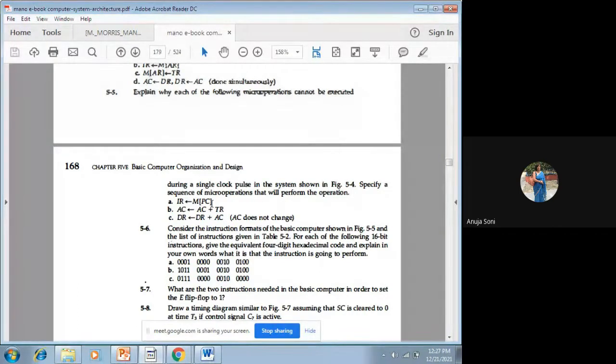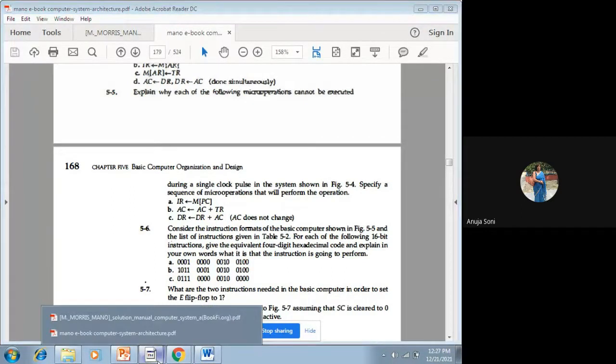So in order to enable this statement, it cannot work in a single go. It will be done in terms of two smaller register transfer statements with respect to two changed values of S0, S1, S2, with respect to two clock pulses. It cannot happen in a single clock pulse. How will it happen? What are the desired sequences of register transfer statements?